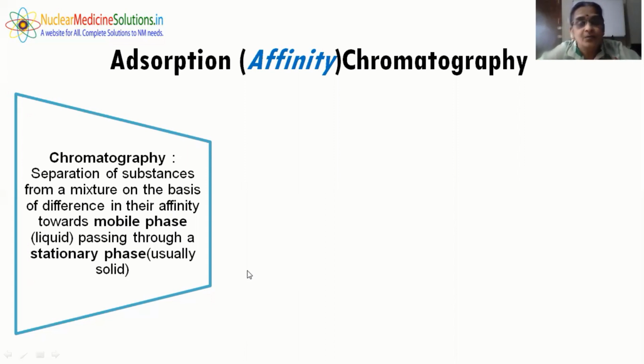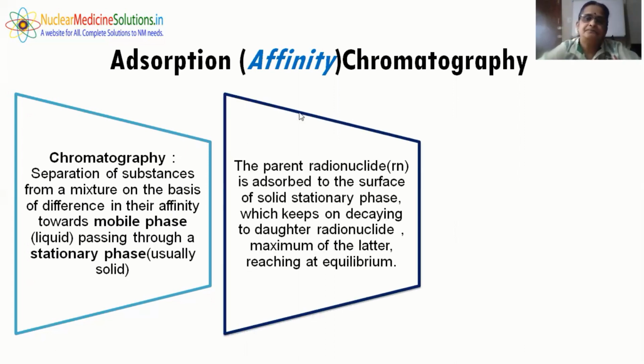The alumina, for molybdenum 99, it is an alumina column. The parent radionuclide is absorbed onto the surface of the solid stationary phase, which keeps on decaying to the daughter radionuclide, the maximum of the latter reaching at equilibrium. For a Technetium generator, this equilibrium time is 23 hours.